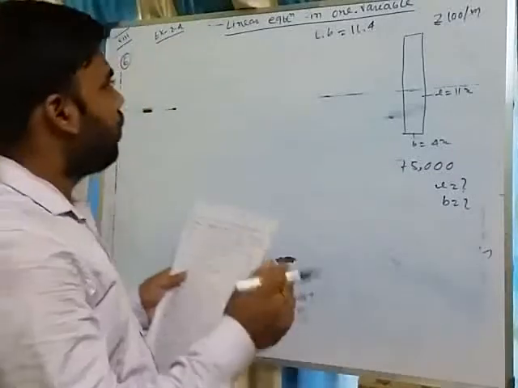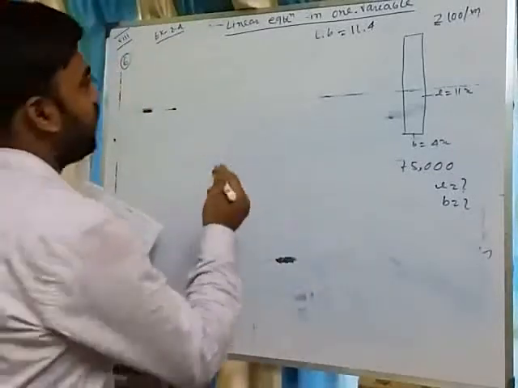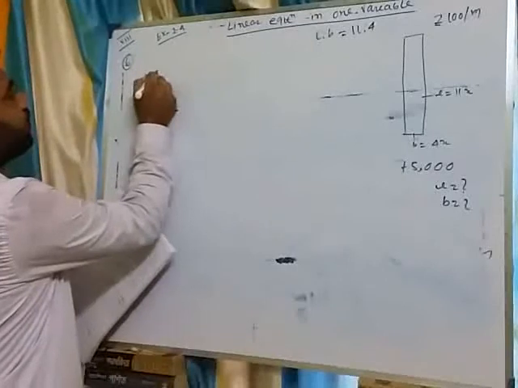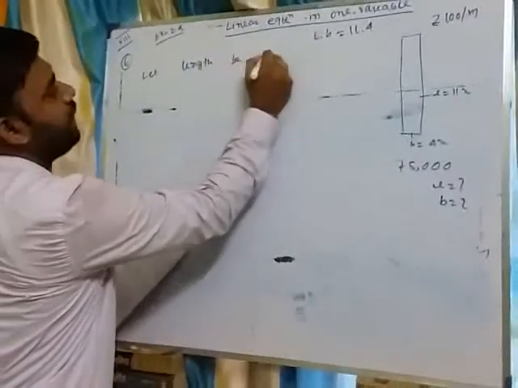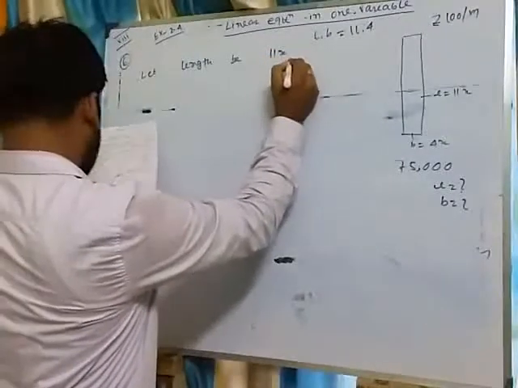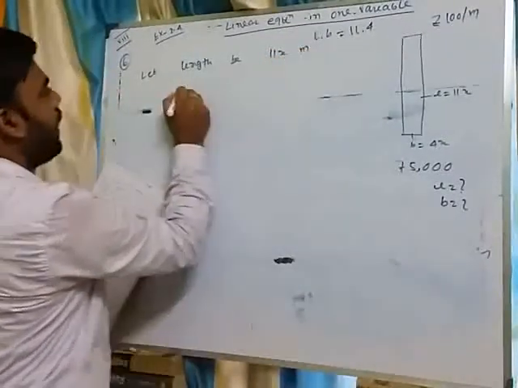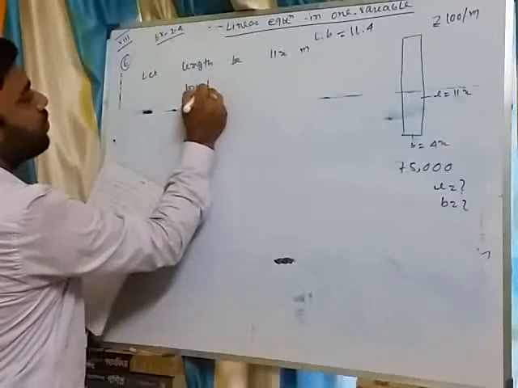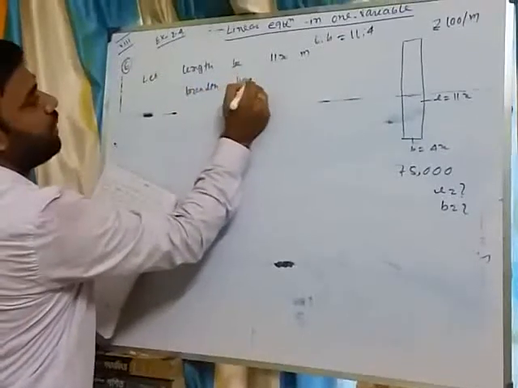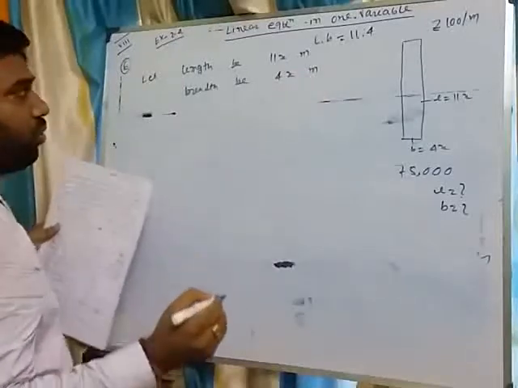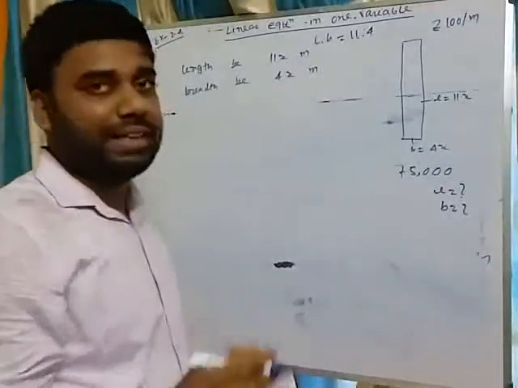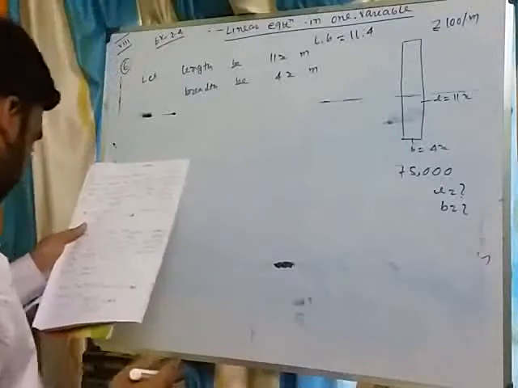First of all, let the length be 11x meter and the breadth be 4x meter. If length and breadth are given, what will be the perimeter?